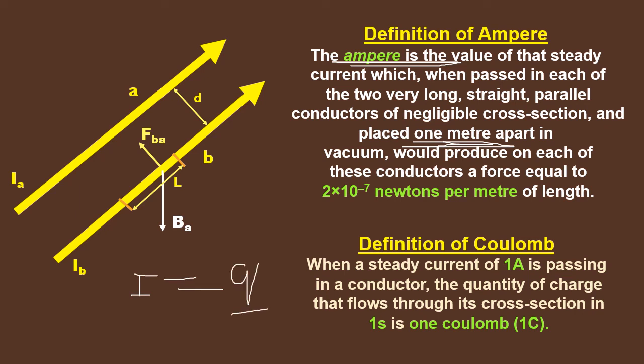I is charge flowing per unit time. So if current is 1 ampere and time is 1 second, that means 1 ampere current is flowing for 1 second. How much charge is flowing here? Q comes out to be 1 Coulomb. So this is the definition of the Coulomb as well. In this way, we can define the Coulomb as well as the ampere from the above discussion.